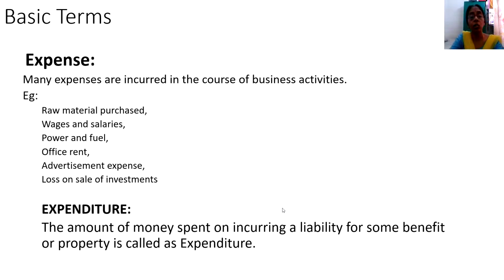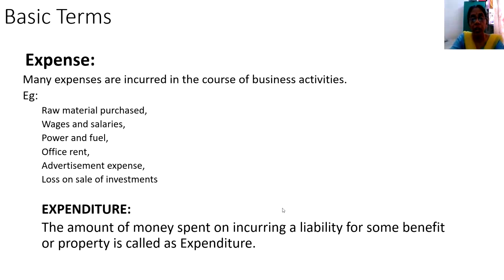Then we will move on to two other relative terms, expense and expenditure. Expense refers to any kind of expenses that are incurred in the course of the business activity. During the business activity, when you are incurring some money, that is referred to as expenses. Now, when I am doing business, I need to buy raw materials, or if I am a trader, I need to buy goods for selling in the market.